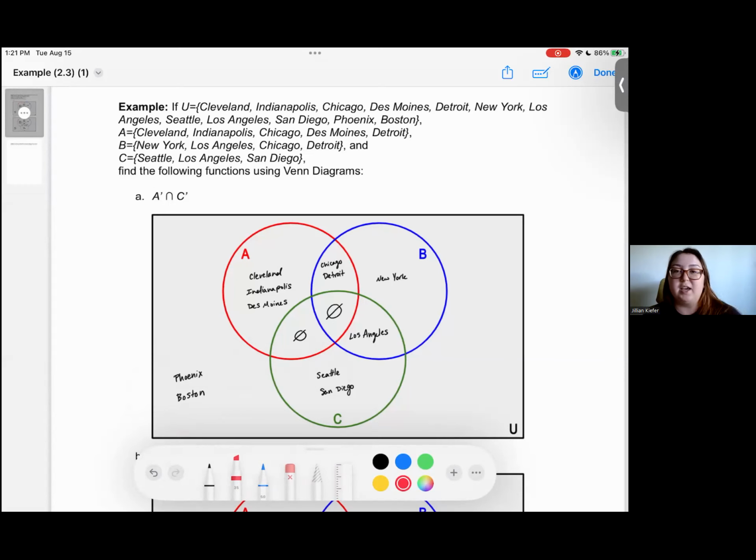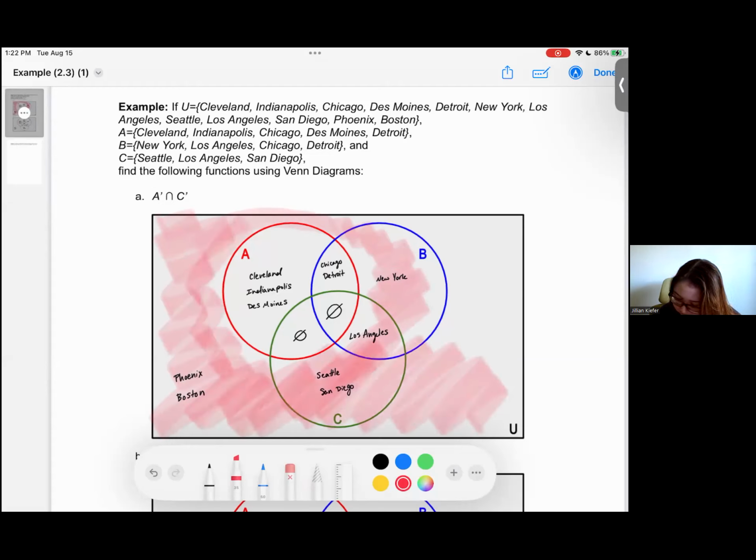We're just going to shade everything that is considered A complement, which is everything but the set A. So we shade, we're avoiding A. We shade everywhere else though. Everywhere else gets shaded. Everything in the shaded regions would be considered A complement.